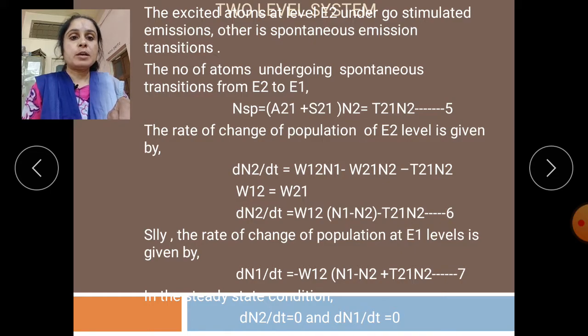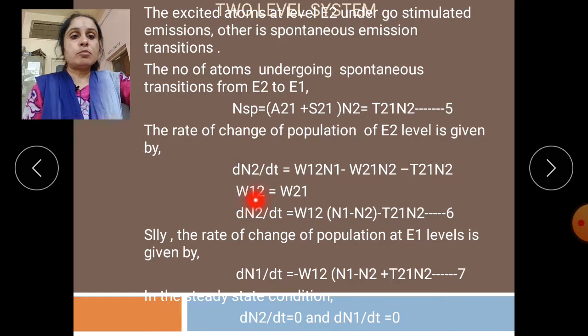So, dN2 by dt is equal to W12 N1, the population in the ground state, plus W21 N2, the population in the excited state, minus T21 N2. Here W12 is equal to W21, and in this way N1 is equal to N2.